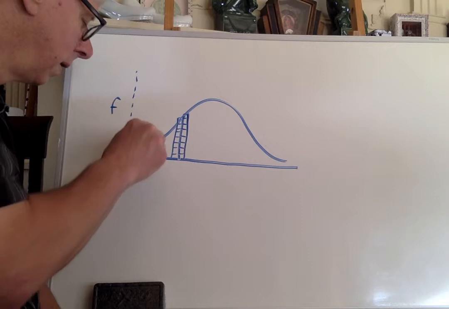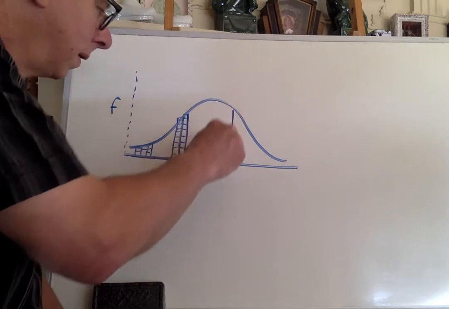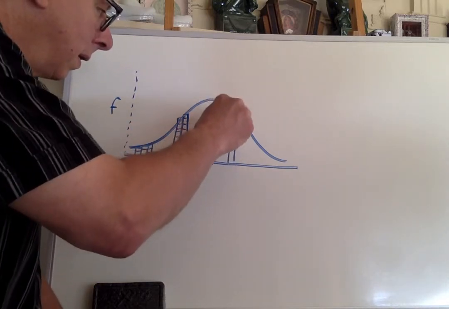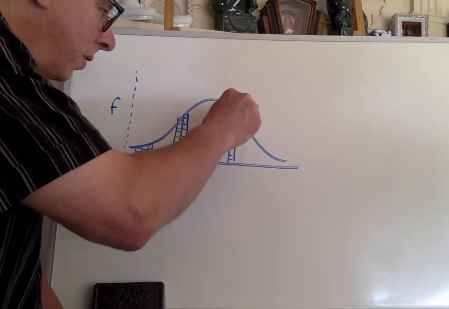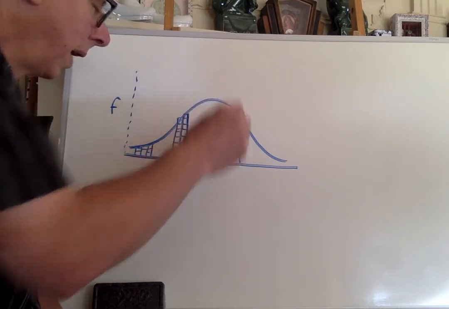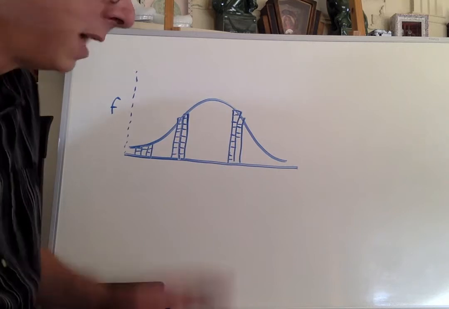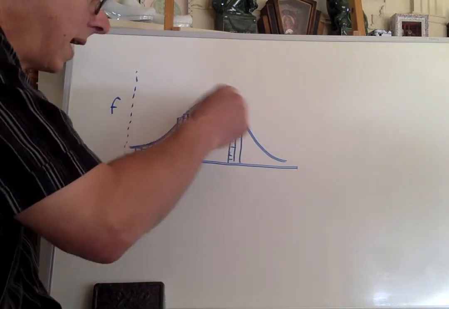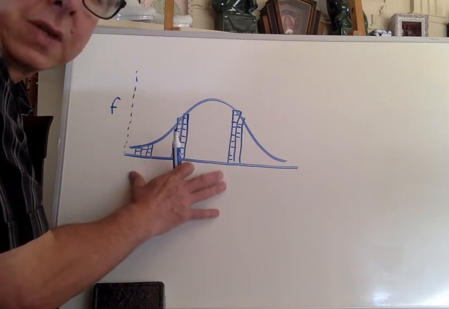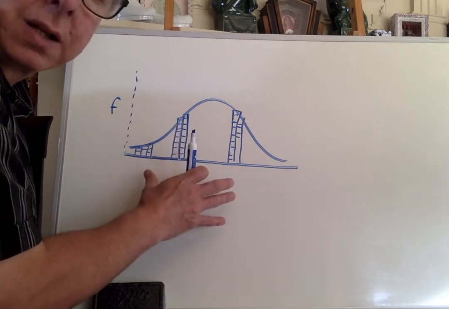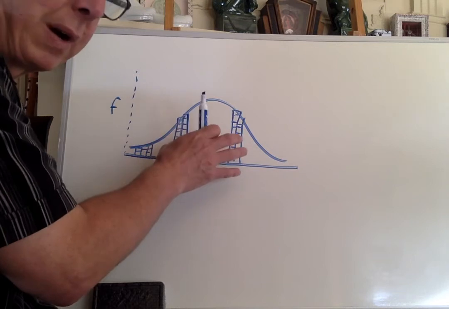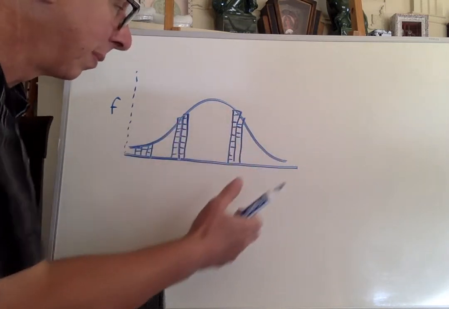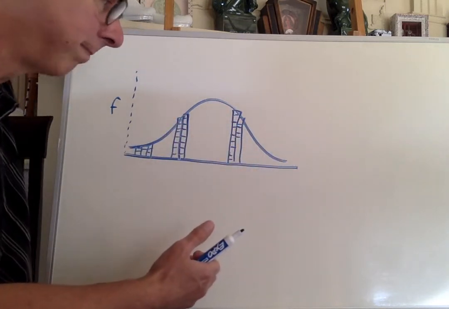Are all the blocks. And I don't want you to forget that. When you see a normal curve, it's just an outline of what these blocks look like. It's not transparent. It is opaque, filled with blocks, all right?